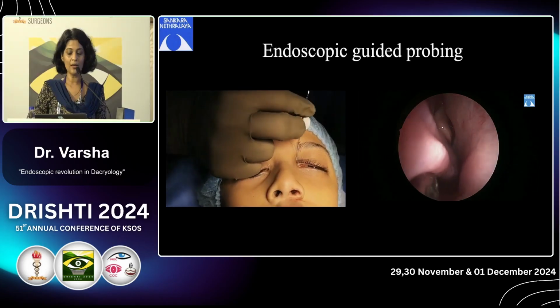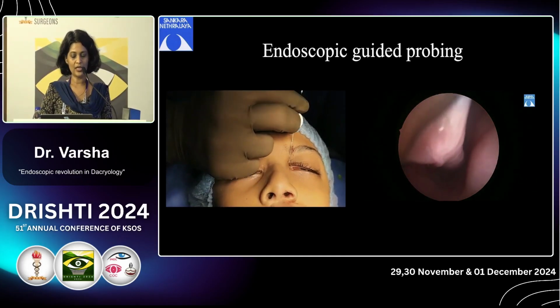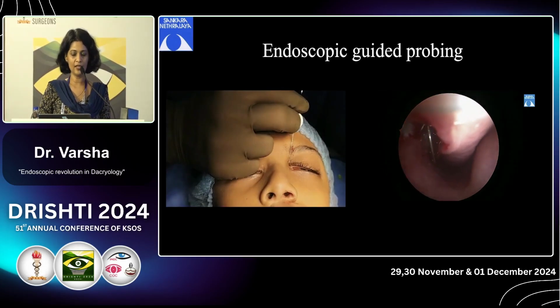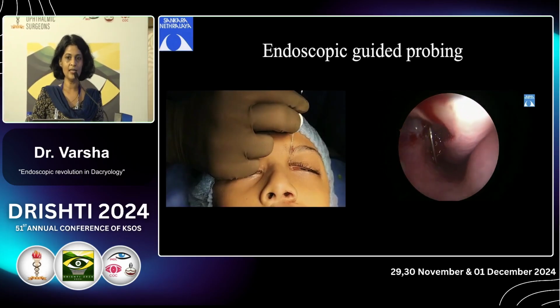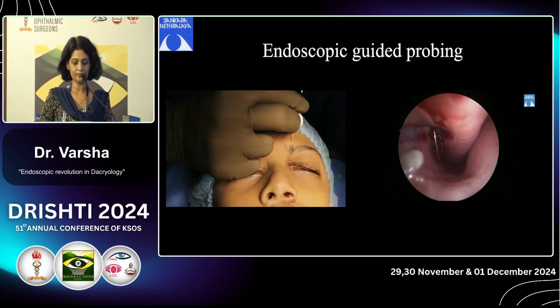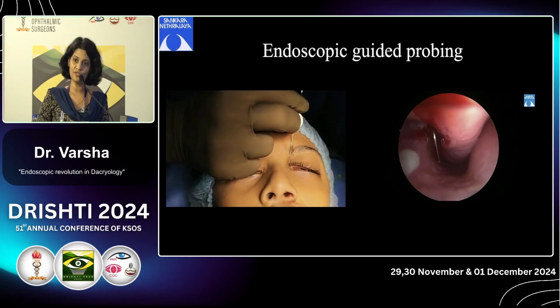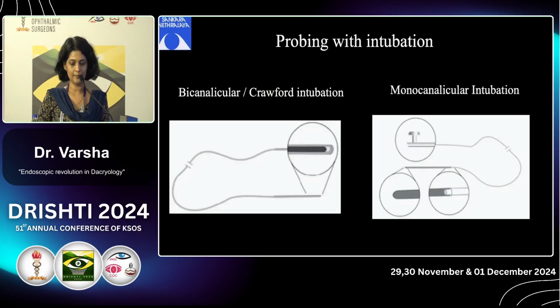We always combine this with the endoscopic viewing of the probe. Here, gently I am elevating the inferior turbinate and the probe is visualized coming out of the nasolacrimal duct. Then serial dilations of the nasolacrimal duct are done with thicker probes so that the success rate improves. Then the syringing is also done to visualize the dye in the inferior meatus.